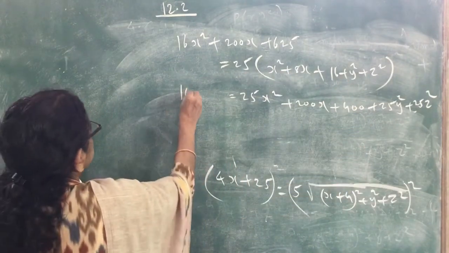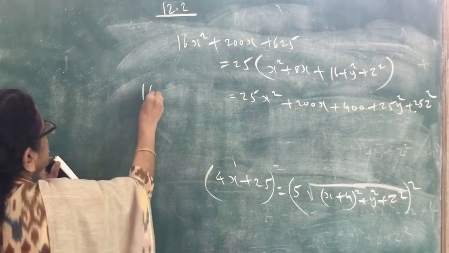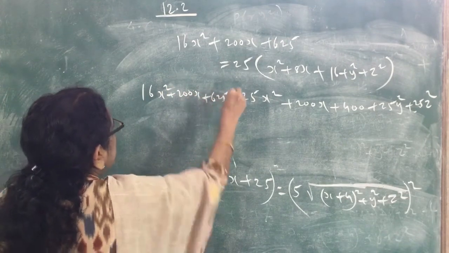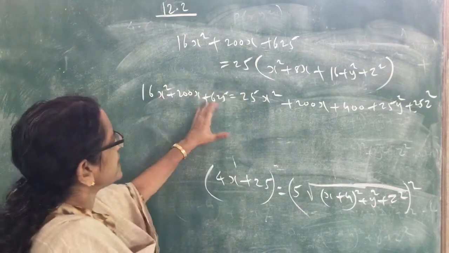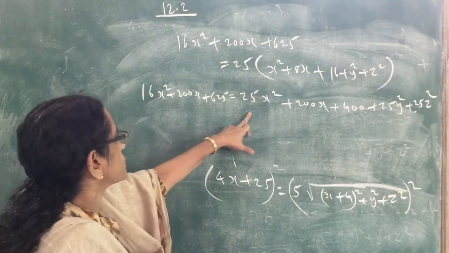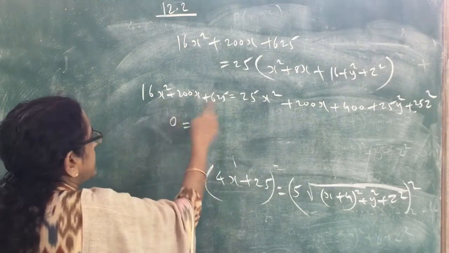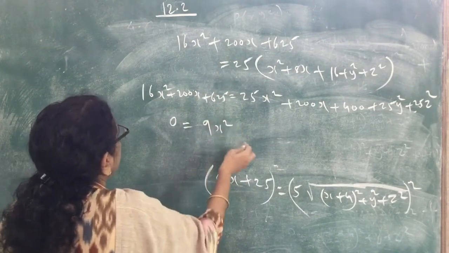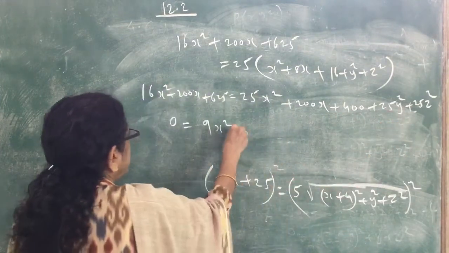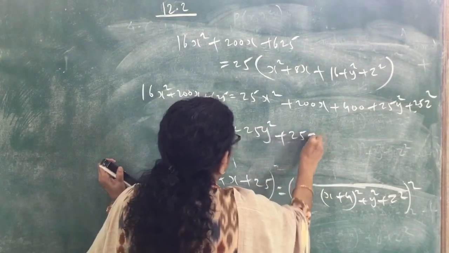Now on the left side there are 3 terms: 16x square plus 200x plus 625. Then we take all these terms to the right side. So 0 equals 25x square minus 16x square, that is 9x square, plus 25y square plus 25z square.